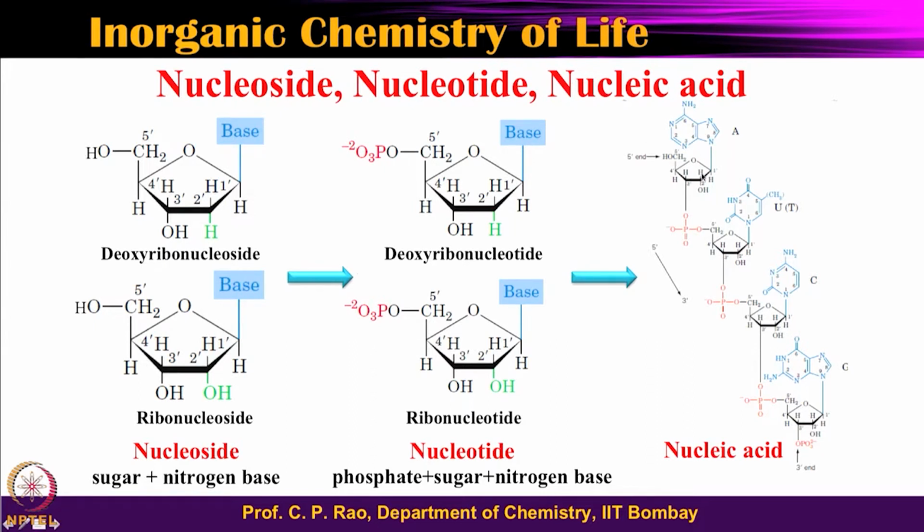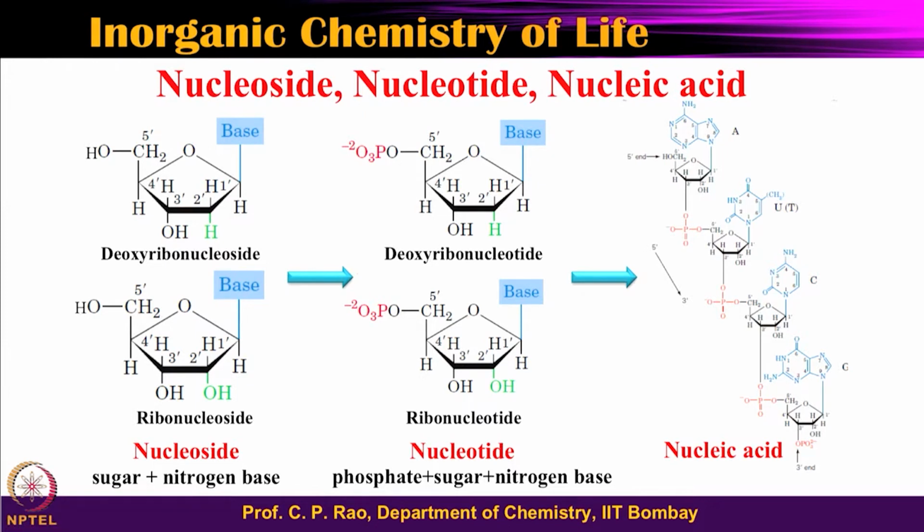As you can see from this slide, you have a nucleoside. Nucleoside has the ribose and the base, and that is the nucleoside, and nucleotide has the phosphate, the ribose and the nucleic base, and that is the nucleotide. The one shown here has no oxygen in the second position. Since there is no oxygen in the second position, it is called deoxy.